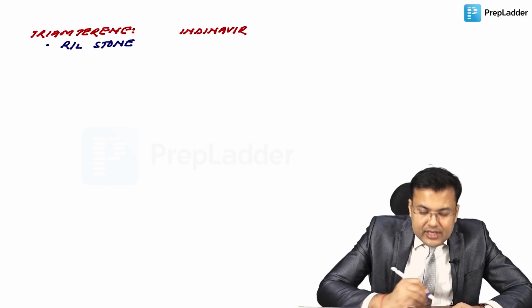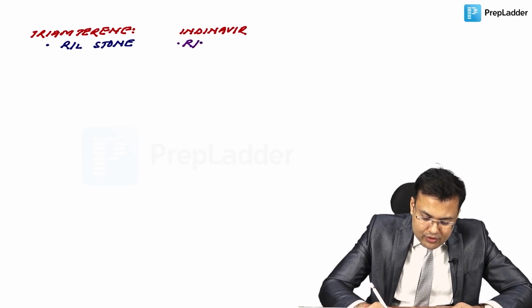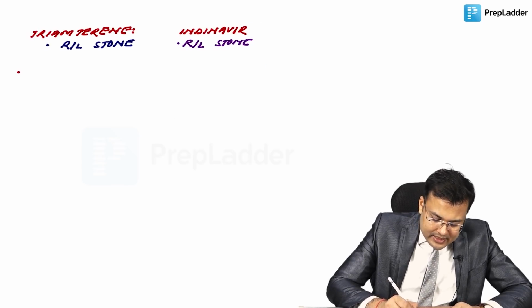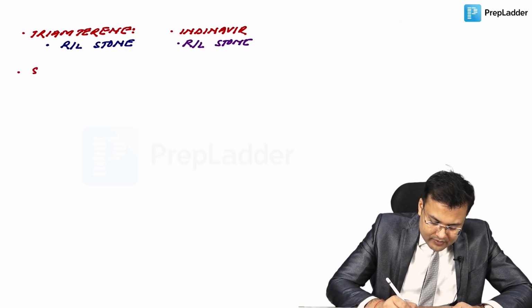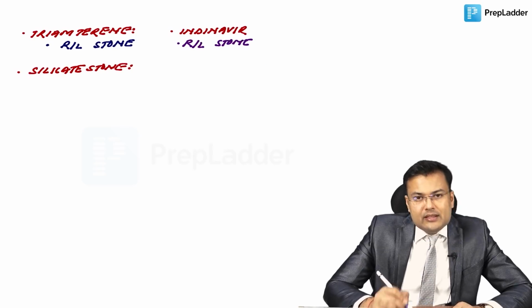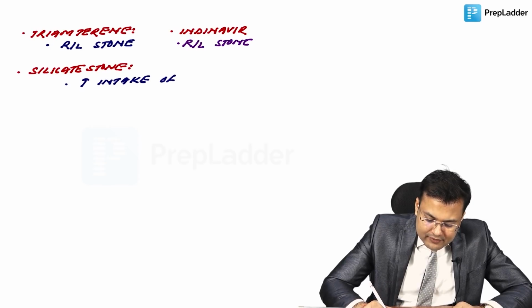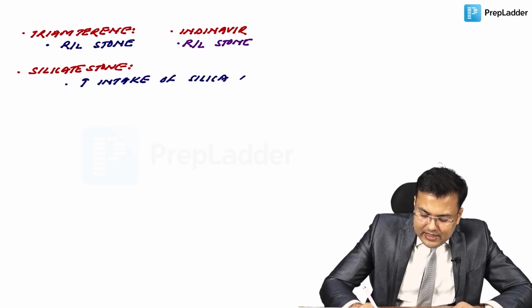Indinavir is a protease inhibitor, and excessive intake of this drug also leads to radiolucent stone. And the third is silicate stone. Some antacids contain silica, so this is because of excessive intake of silica containing antacids.